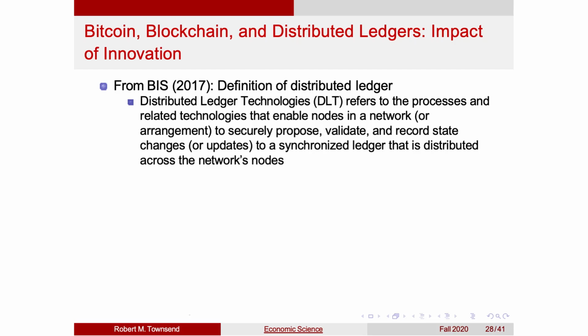So what is a distributed ledger? A distributed ledger technology refers to the processes and related technologies that enable nodes in a network or some arrangement to securely propose, validate, and record state changes to a synchronized ledger that is distributed across the network nodes. A bit long-winded. We'll come back to it.